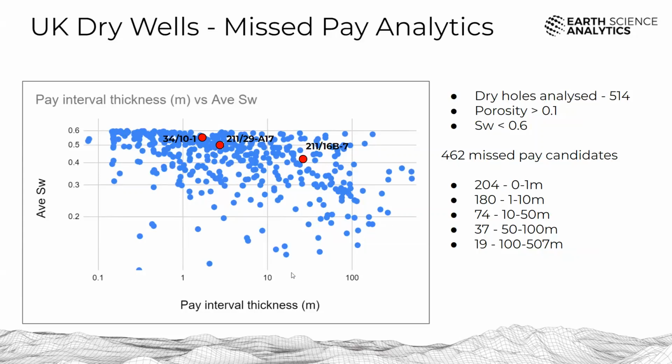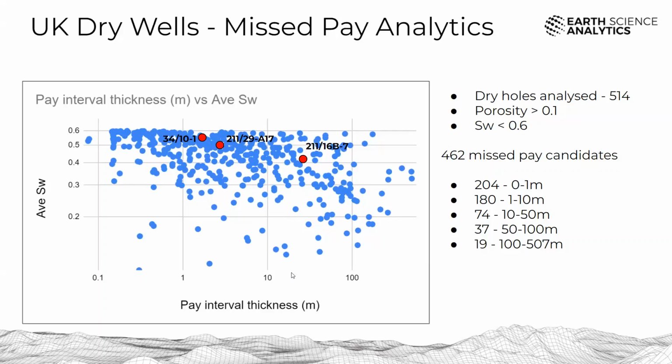Now, I don't think we're saying that all of these intervals that we've predicted as pay are actually hydrocarbon bearing. But I think what we do is we give you data to take and place into a geological context, and decide whether you believe it or not.